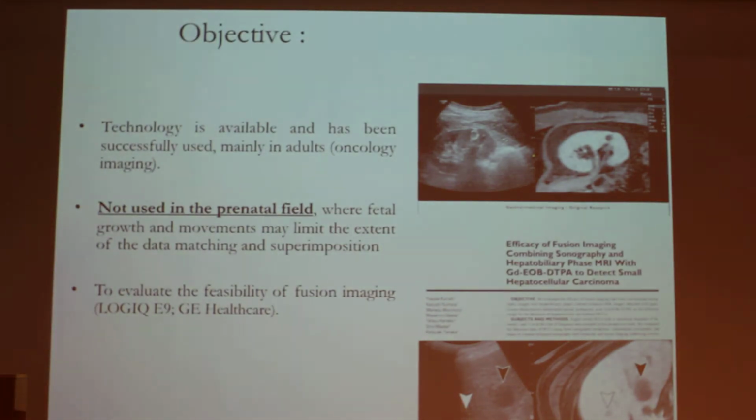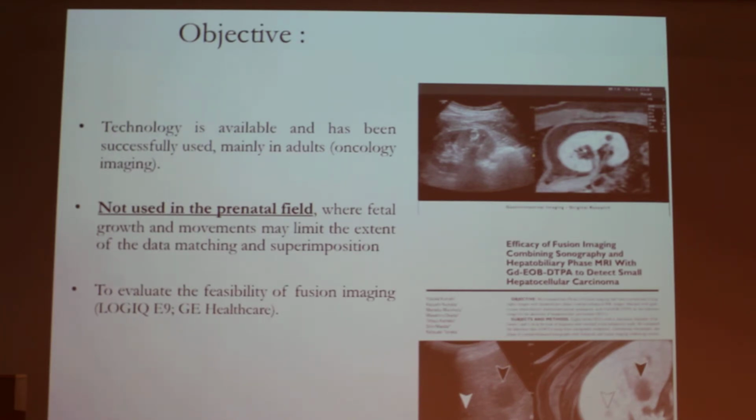This technology is available and has been successfully used mainly in adults in the field of oncology, but it has not been used in the prenatal field, mainly because fetal growth and movements may hamper the extent of the merging of the data from ultrasound and MRI.